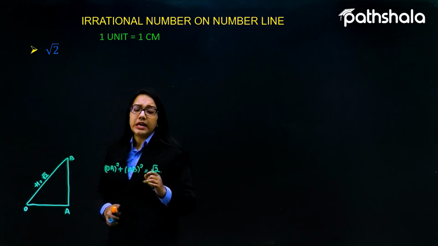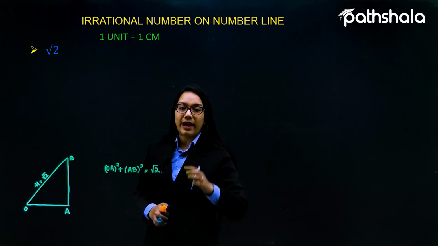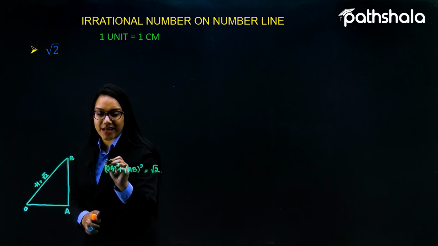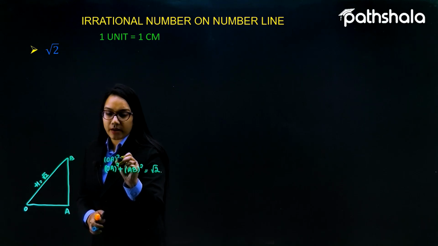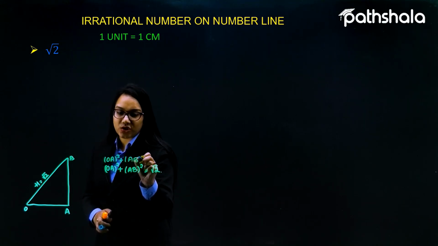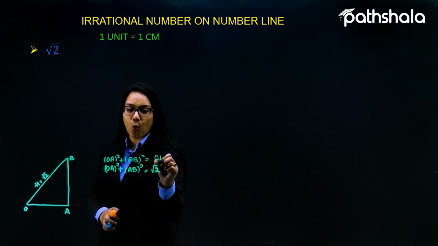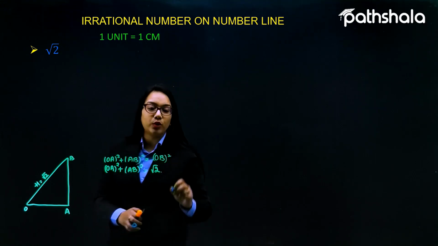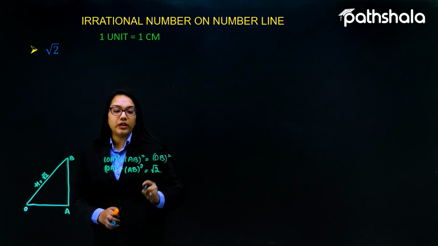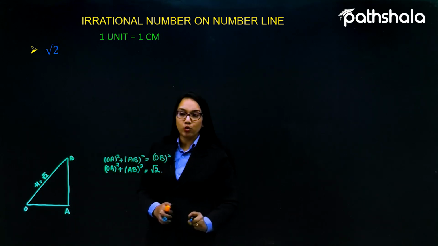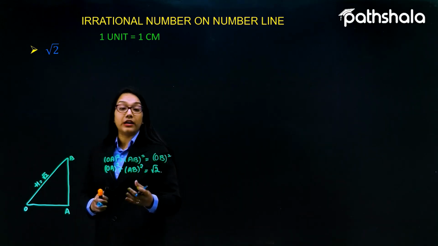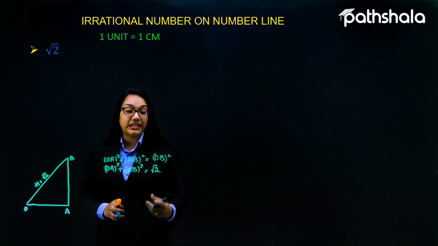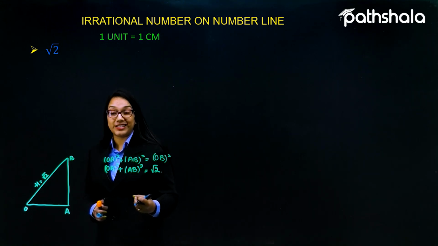So we require the hypotenuse as root 2. What values can we take?